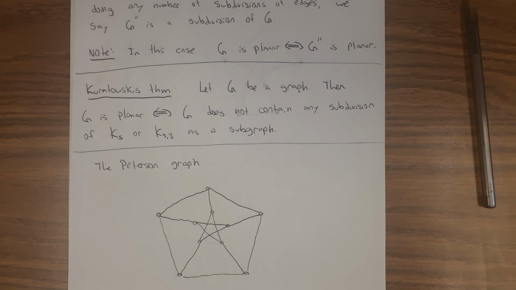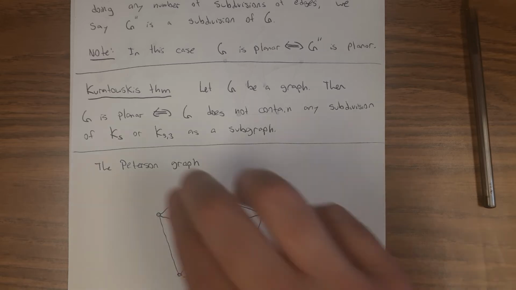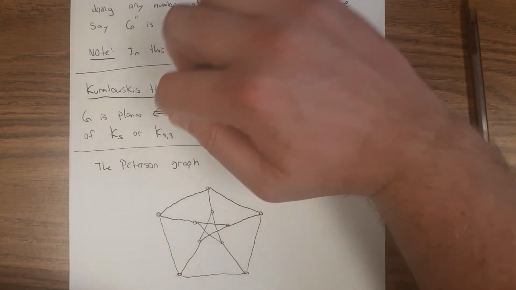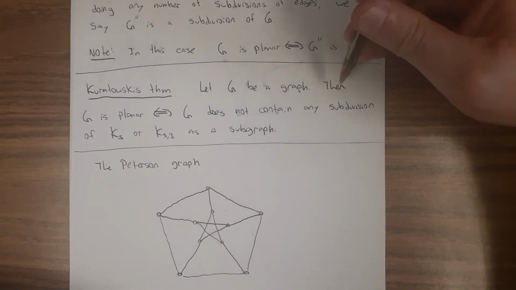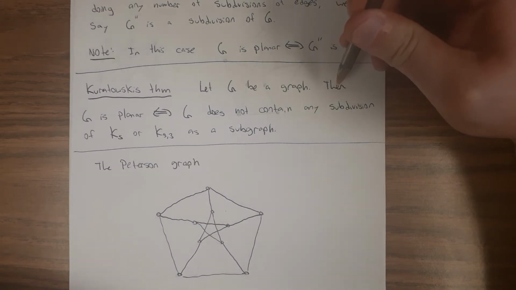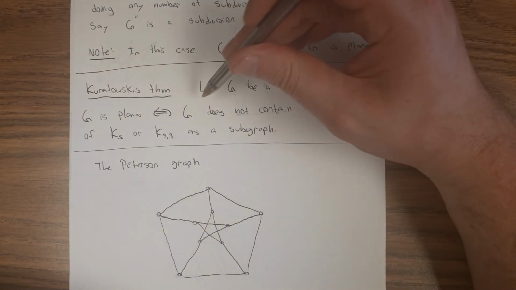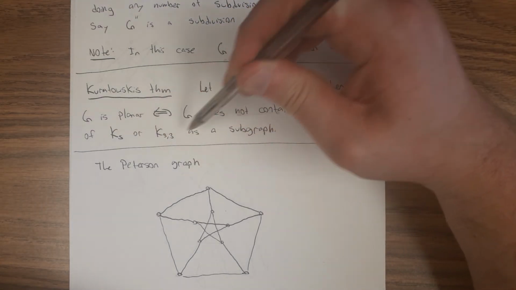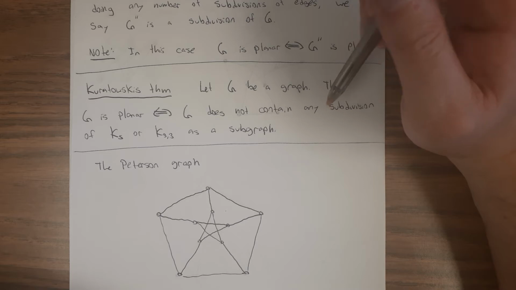One direction of this is not too hard to understand. I think we can understand the forward direction. The forward direction is just saying that if G is planar, then G doesn't contain any subdivision of K5 or K3,3 as a subgraph.